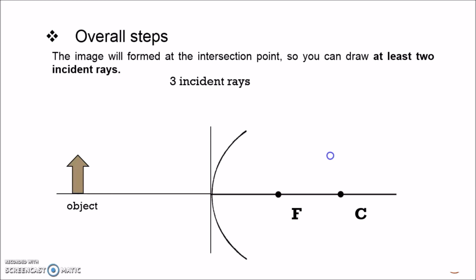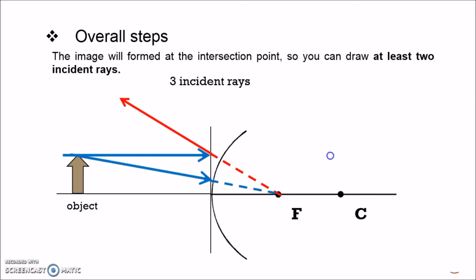So first step is the incident ray will parallel to the principal axis and the reflected ray will diverge from point F. Second step, the incident ray will pass through point F and the reflected ray will parallel along the principal axis.